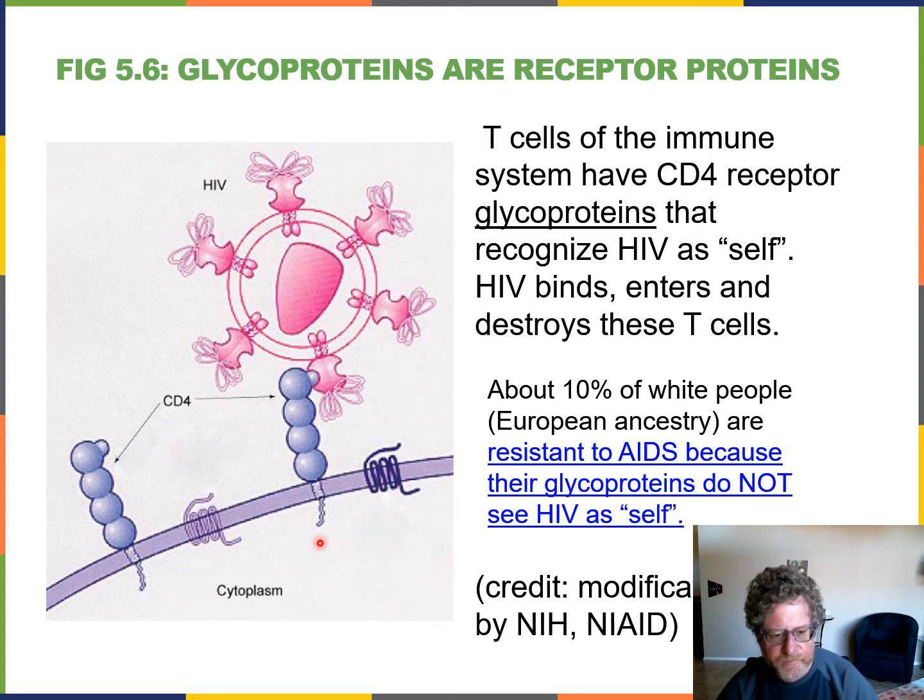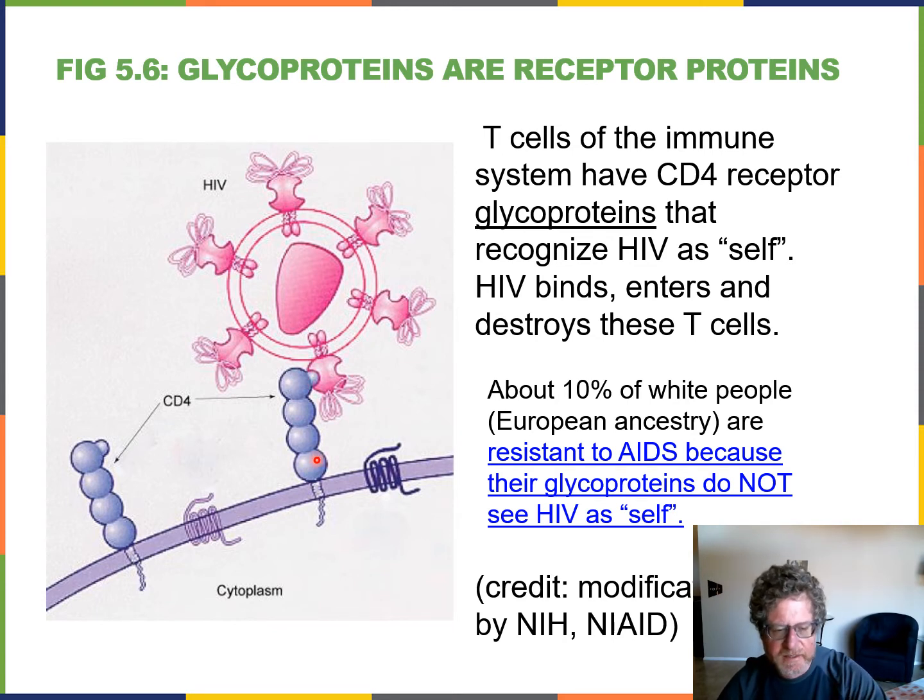Now, people who have European ancestry, about 10% of them will not get AIDS. If HIV enters their blood, they don't have the CD4 receptor, and so the virus can get into their plasma, but it can't get into the cells, into the T cells, because there are no recognition sites that say, hey, that's part of self.